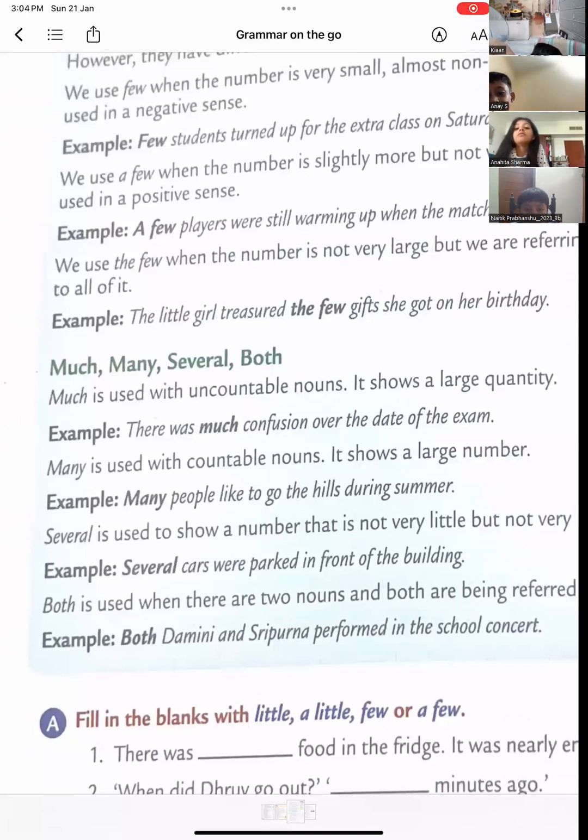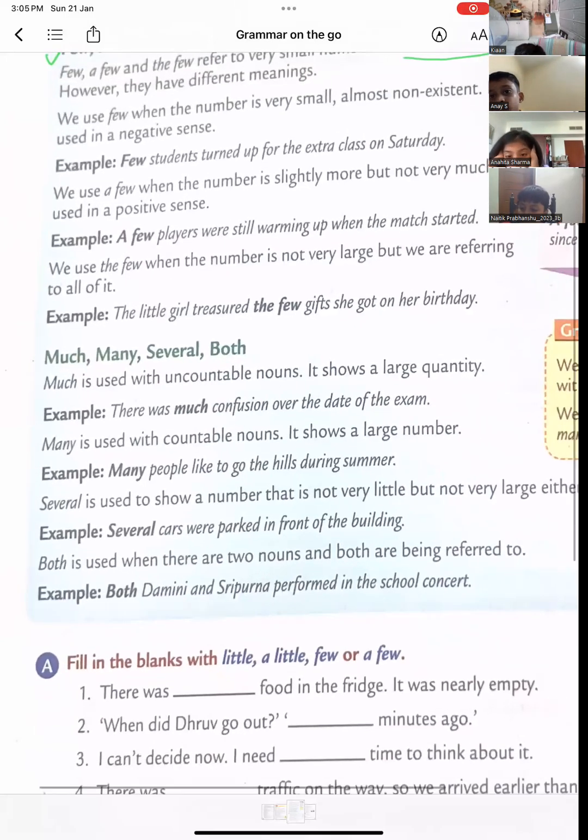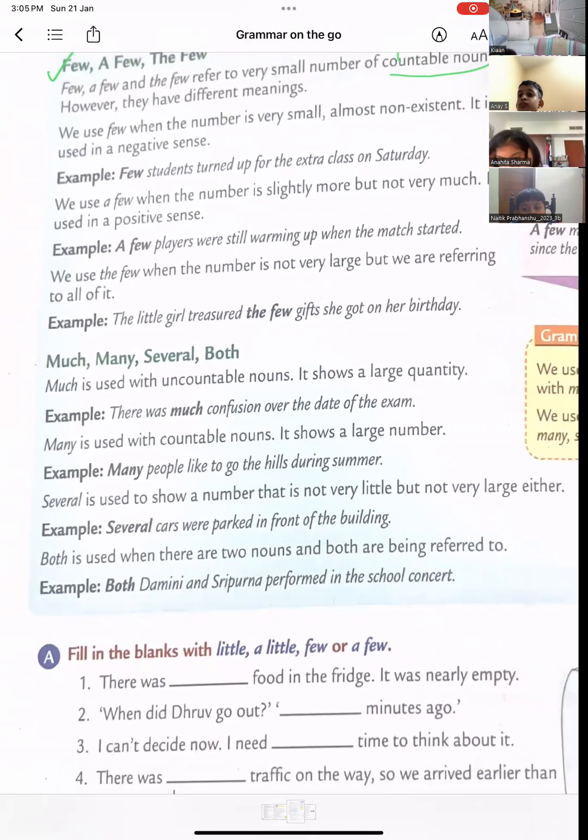Coming to the next one, many. Many is used with countable nouns. Many people are currently in Ayodhya to celebrate the inauguration of Ram Mandir. So many people like to go to the hills during summer. Several is used to show a number that is not very little and not very large.